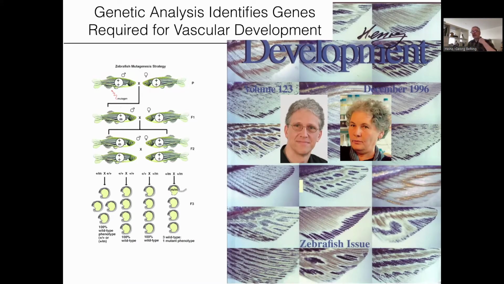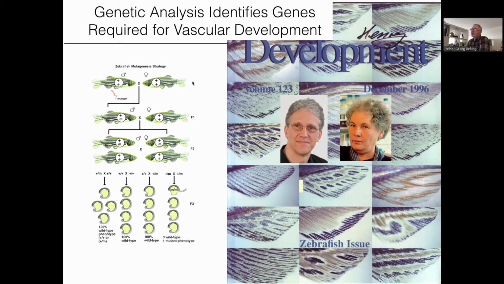The breakthrough really came for the fish when 2 labs succeeded in doing 2 large-scale screens to look for genes that are important in embryonic development, and these are forward genetic screens. This is a schematic on the left of how this is done. It's not important for you. It goes from a mutagenesis of a male to the actual screening and isolation of genes through 4 generations.